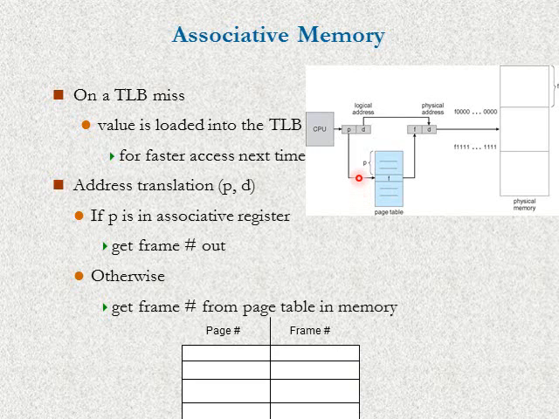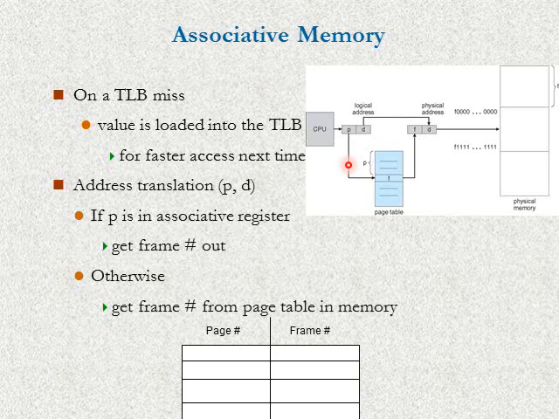Once we have this TLB, we may have a particular address present in the TLB, or we may not have the desired address present in it. In the first case, when the address is stored in this associative memory, we call it a TLB hit.